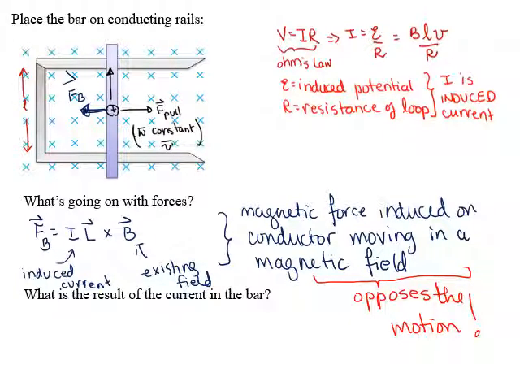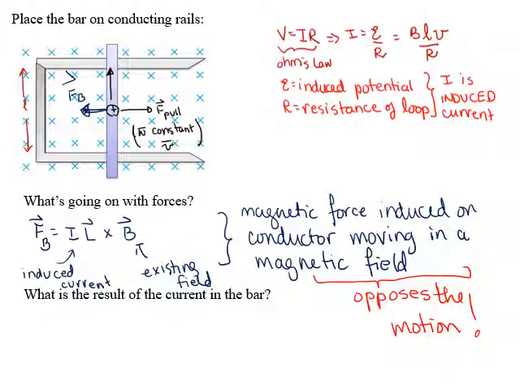So that's really cool. We pull the bar to the right. Because we pull the bar to the right, it makes a current flow, which makes an induced potential difference. With flowing current, we get a magnetic force. That magnetic force makes the bar slow down.